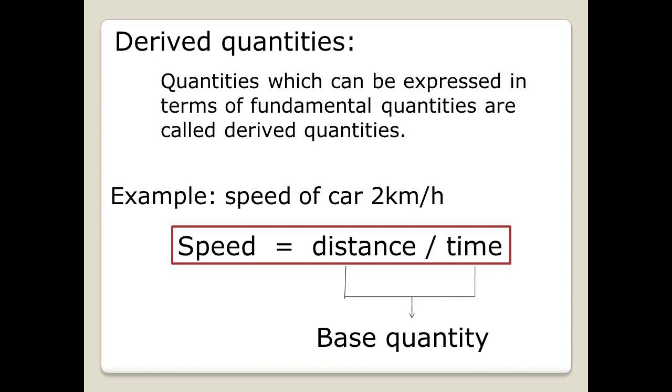So we can say speed is derived from distance and time. The quantity which is derived from base quantities is called a derived quantity. Here distance is a base quantity, and speed is derived from the base quantities distance and time. So speed is a derived quantity.